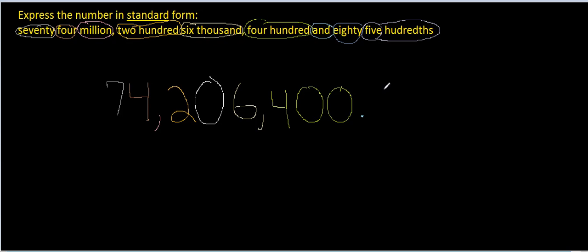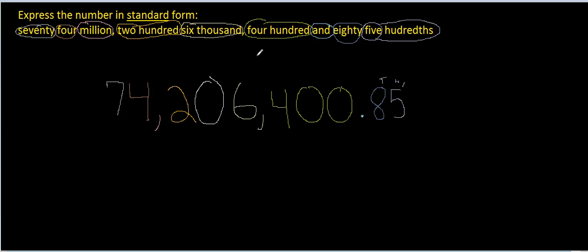Then 85, so we see 80, I know that's an 8, and 5, and then hundredths. So I know that my 5 is in the hundredths place. I remember that this is the hundredths place, and this is the tenths place.